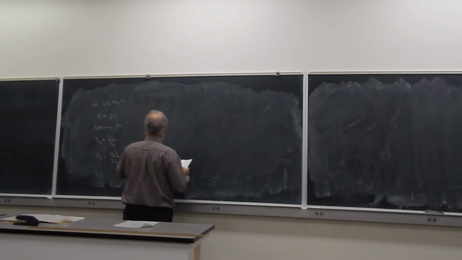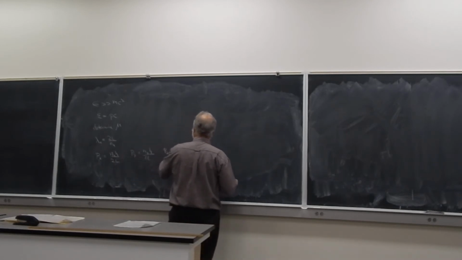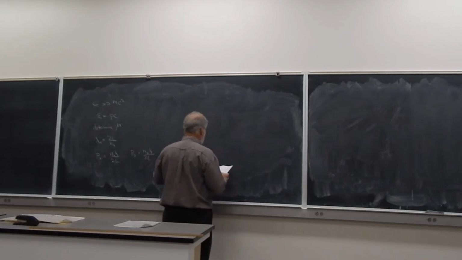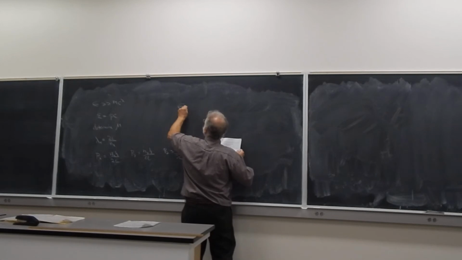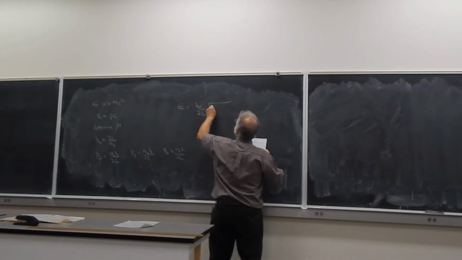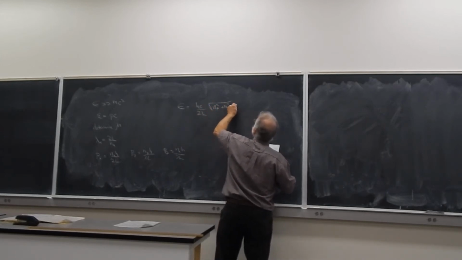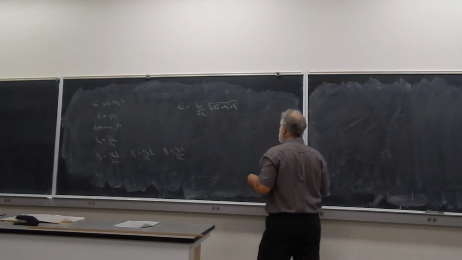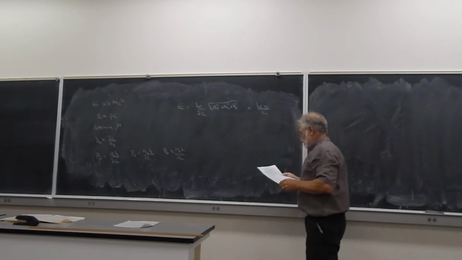Py similarly, n sub y h over 2L. Pz, n sub z h over 2L. But my energy, I've got to write it differently now. My energy is going to be written as hc over 2L times the square root of nx squared plus ny squared plus nz squared. That's hcn over 2L.